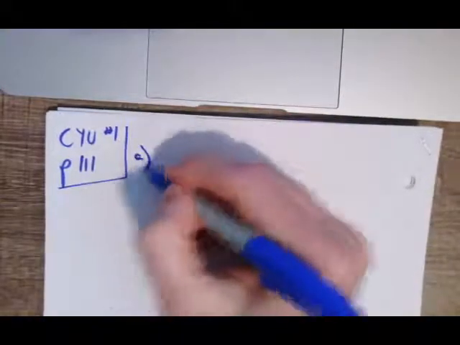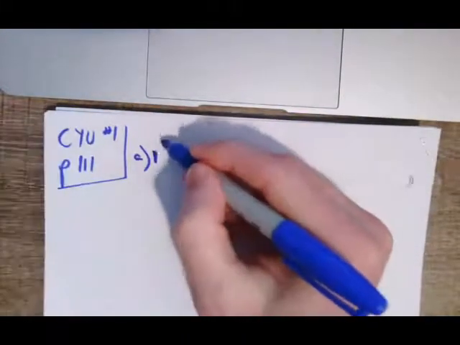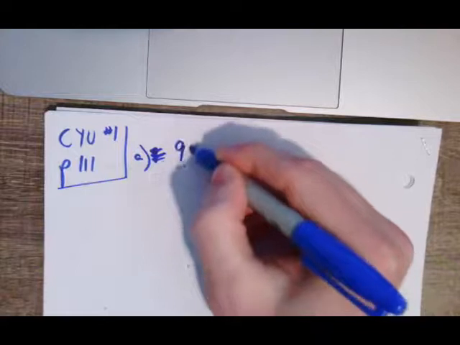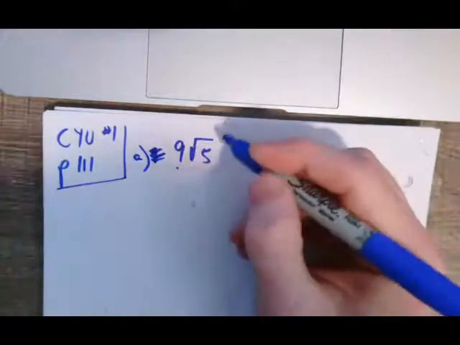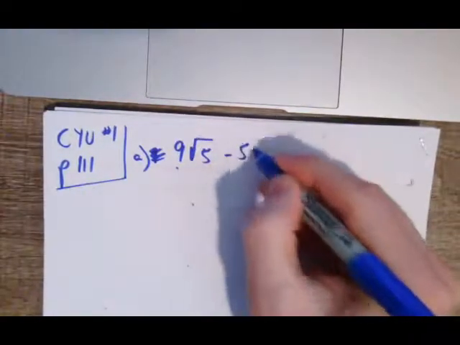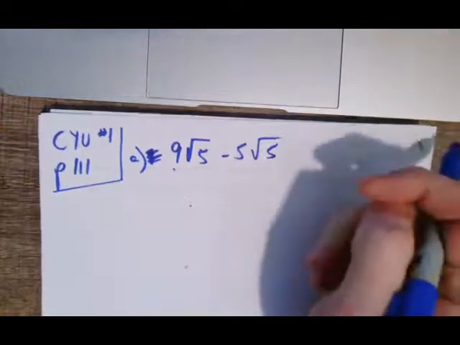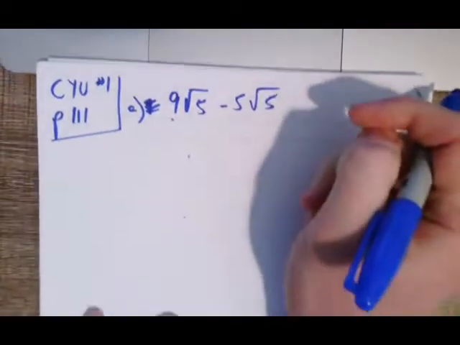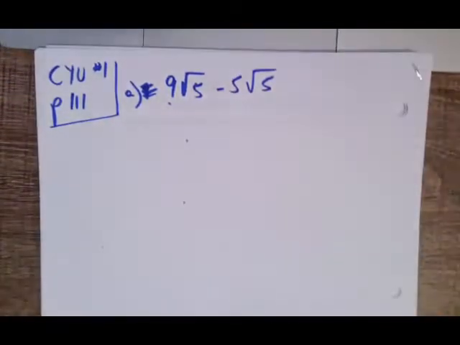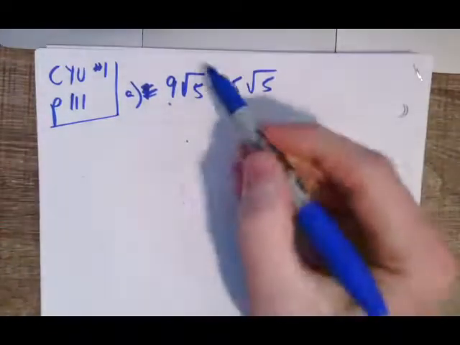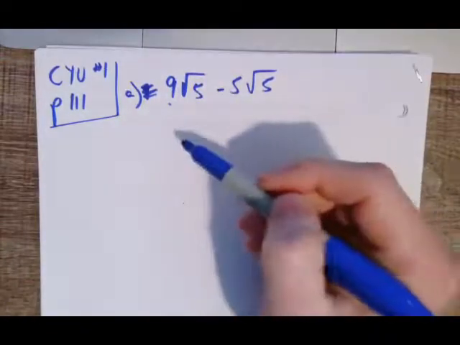So the first one: 9 root 5 minus 5 root 5. This is all about collecting like terms. You have to treat the radical as like terms.